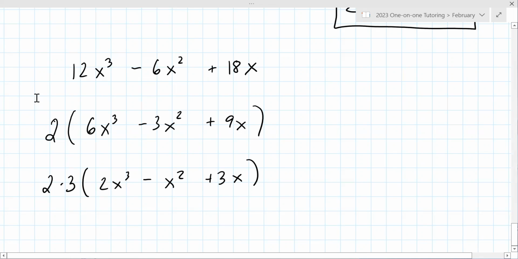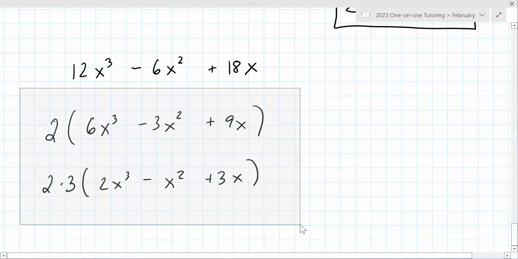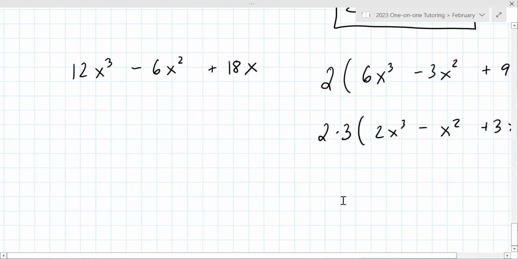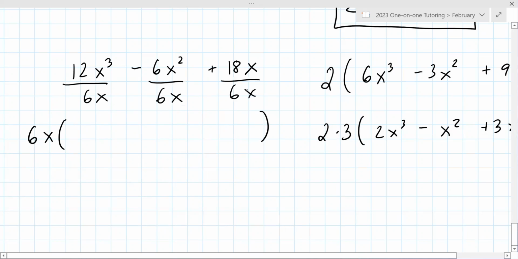Okay. But let's go back to the beginning, because it is best, just put this off to the side here. It is best if you get it all at once. So 6 is the GCF as the number. What about x? Just x, yeah. So you're going to divide each of these by 6x. Okay.